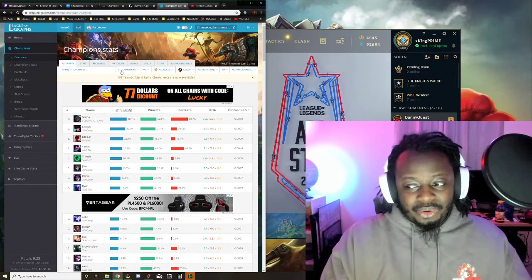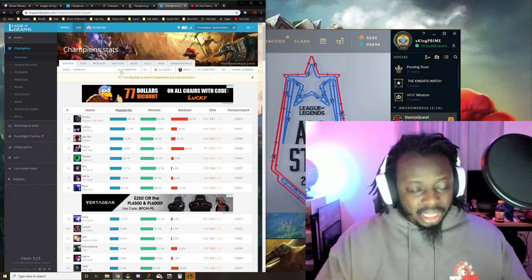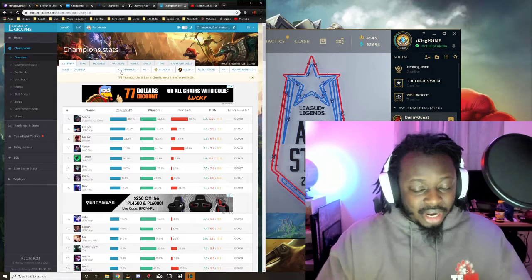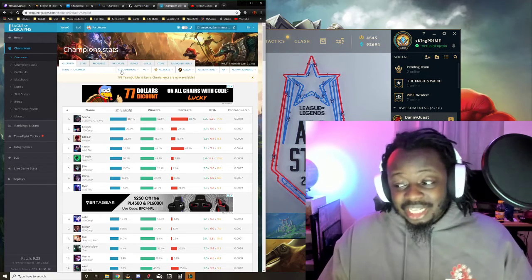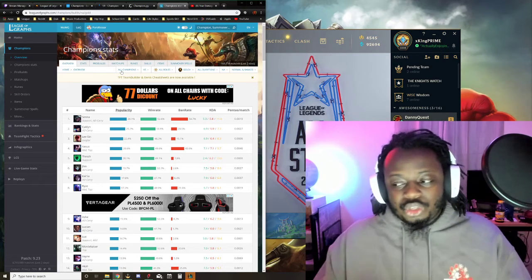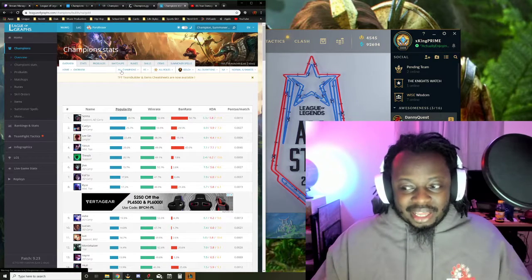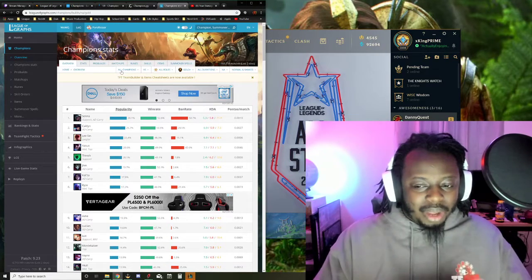But for other people, once they're too far behind to contest or stay in the lane, laning phase is done. For other people, if they're still smashing lane, they want to extend the laning phase because they don't want to rotate to a different position where they will lose their power spike or strength. So it's kind of like what makes the laning phase.